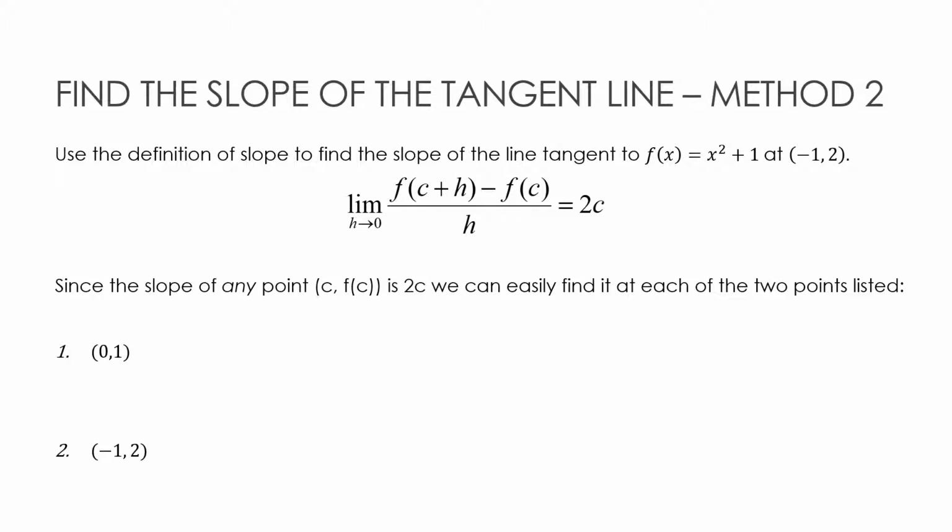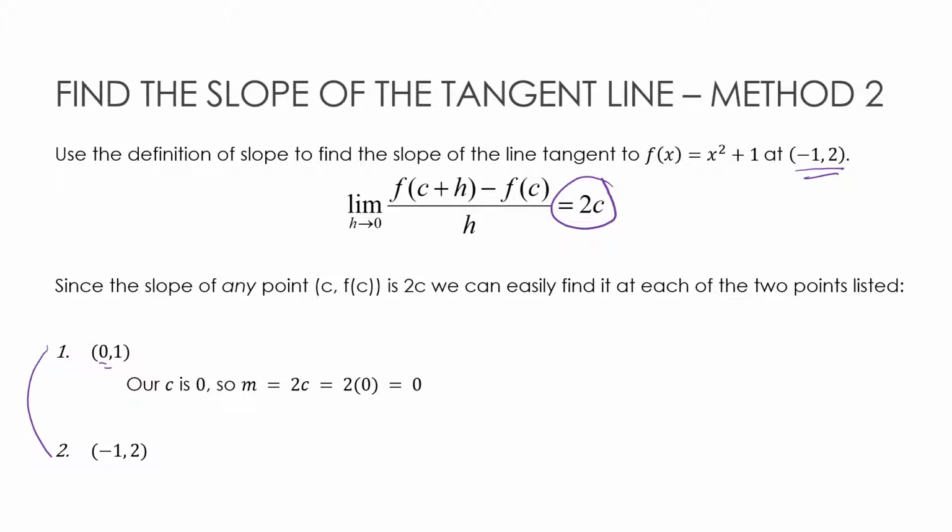So again, in our last example, we looked at this exact question, and we came up with this limit being 2c. And we already kind of looked at this one, but notice I can plug in any point that I want, and all I have to do is take 2 times whatever the x value is. So on that first one, our c is 0, since our x value is 0.